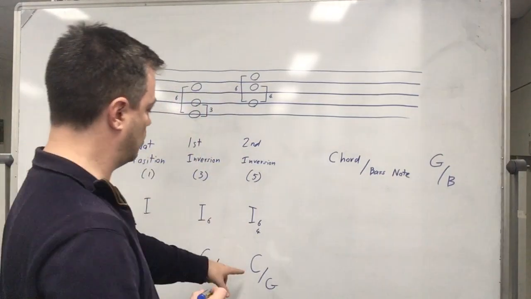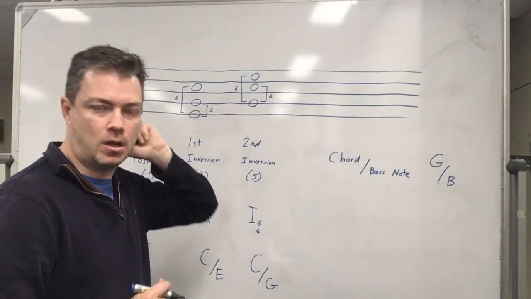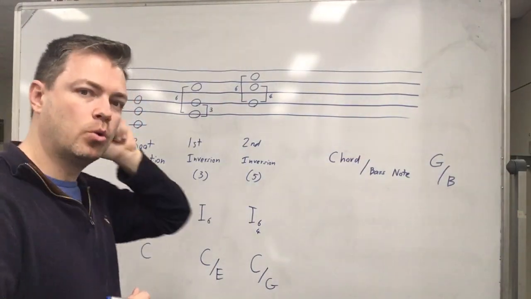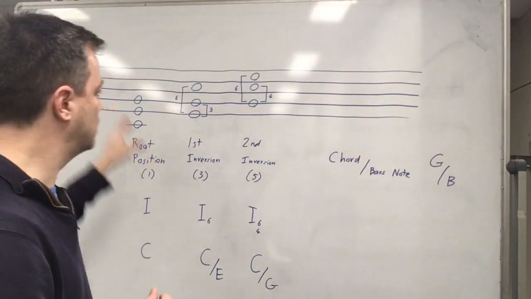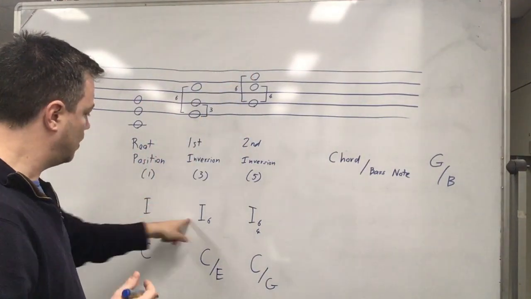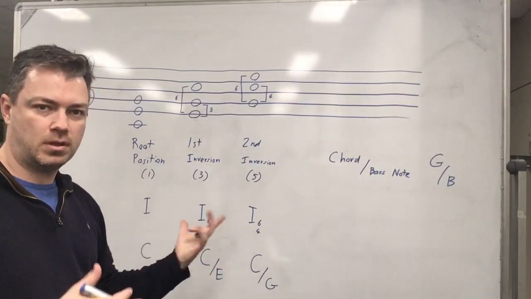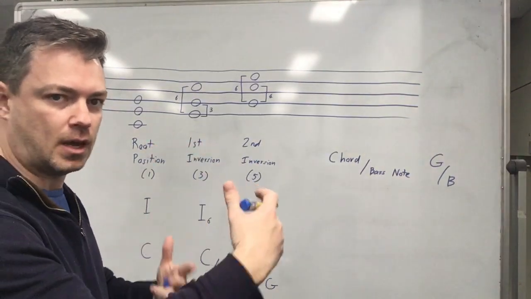Okay? So we have a C chord with a G on the bottom. And that's chord inversions represented 3 different ways. Written on the staff as actual notes, Roman numeral representation, and then if you were using a chord chart, the actual chords.